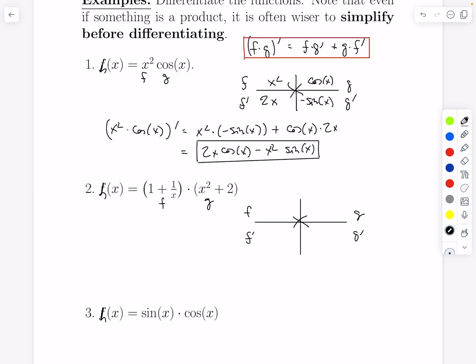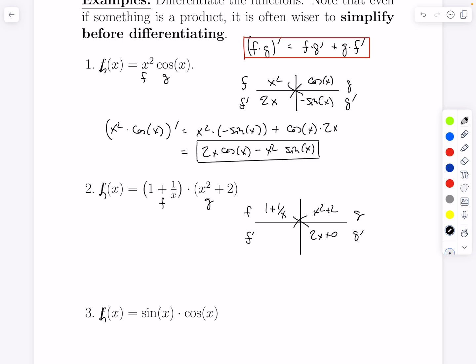Okay, so it's 1 plus 1 over x, and x squared plus 2. And we take the derivative of x squared plus 2. The derivative of x squared is 2x. And the derivative of 2, which is a constant function, is 0.